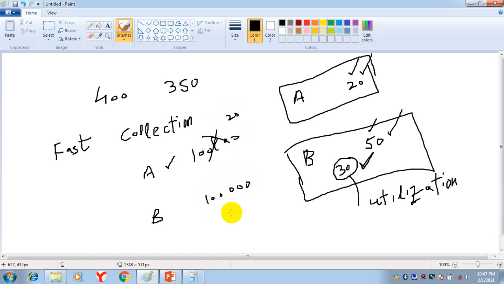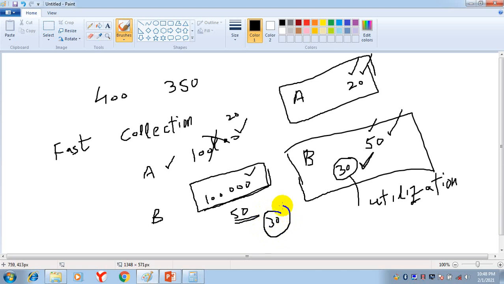But you didn't pay. You will pay it after 50 days. So after 20 days when I made payment, you didn't make payment. So you can use this $1 lakh cash for 30 days. It means you are utilizing cash properly. You can generate a return on this $1 lakh in 30 days.